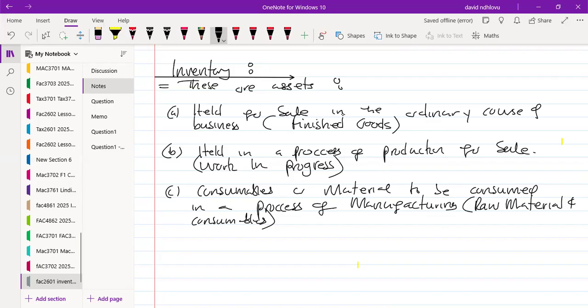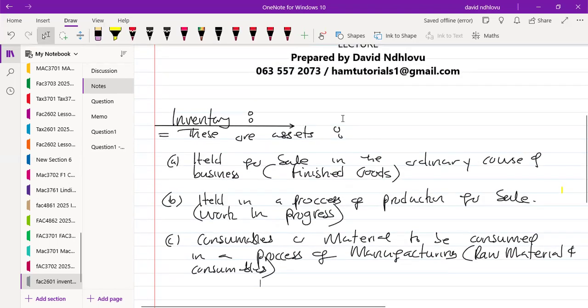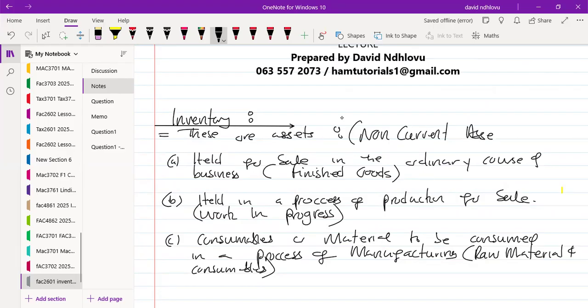Those are consumables that you use in your production processes. Whenever we talk about inventory, these are the items we are talking about. And remember, these are usually non-current assets, meaning they are expected to be utilized.